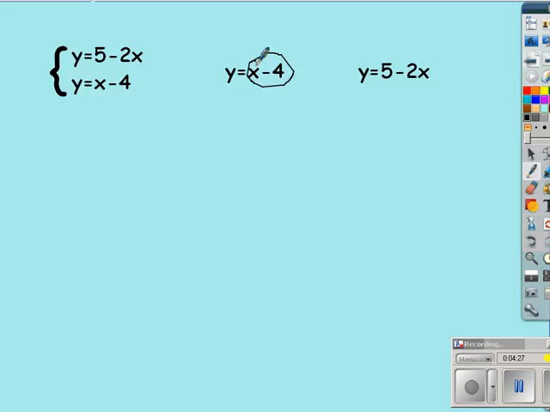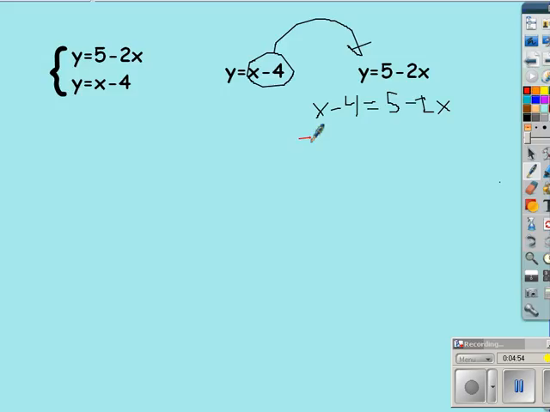So wherever I see a y, I can substitute x minus 4 instead. And again, look right there, I got myself a y. So I'm going to put x minus 4 equals 5 minus 2x. Again, the reason I could do that is because x minus 4 and y have the same meaning. They're equal. Now I can solve for x.